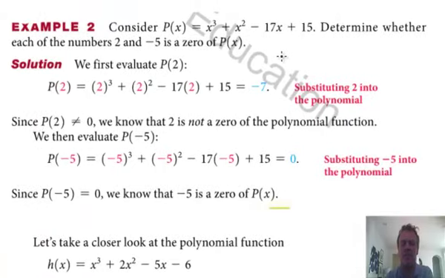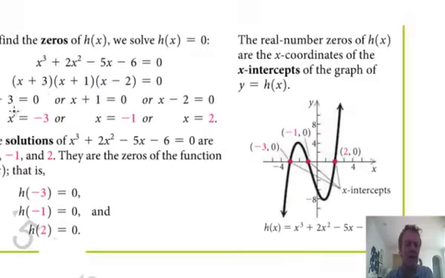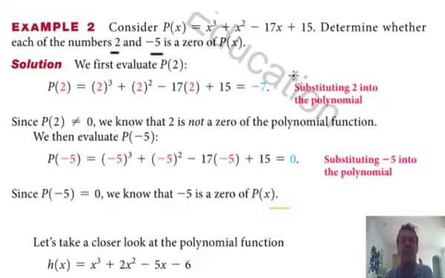Now, supposing here, something that doesn't factor. What they're doing here is testing to see if 2 and negative 5 are zeros. Before, we found the zeros were negative 3, negative 1, and 2 by factoring. Here we're just saying, is 2 a zero? Well, if we put it straight into the equation, what's 2 cubed? 8 plus 2 squared, I'm just putting 2 in here, take away 7, it's not going to give us 0, it'll give us negative 7.